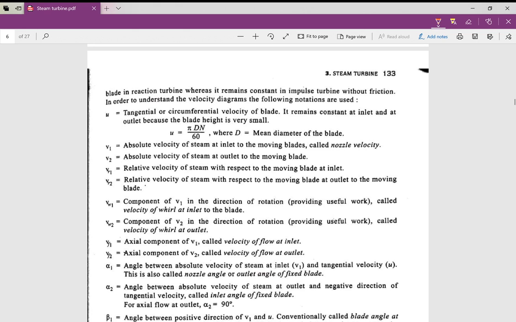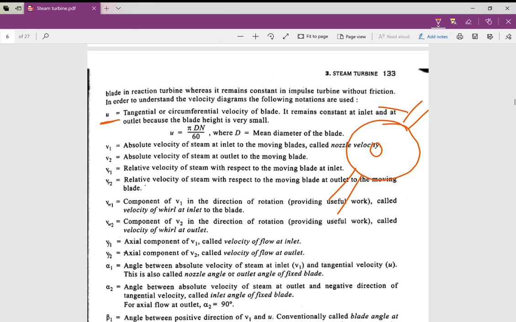So first speed is tangential speed u. When the shaft rotates, which is connected with your wheel, on this shaft, let us say a wheel is attached over here. This is your wheel, the shaft is attached.